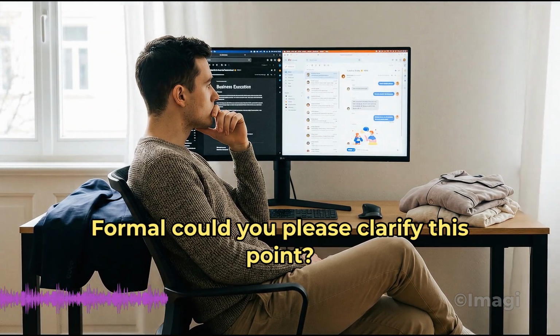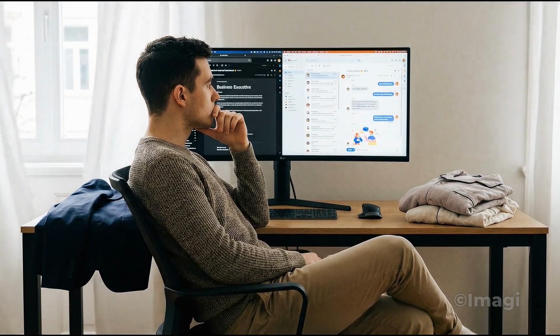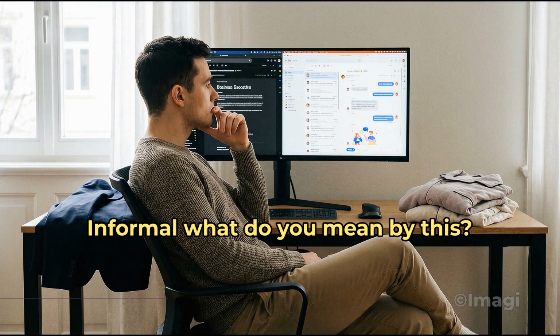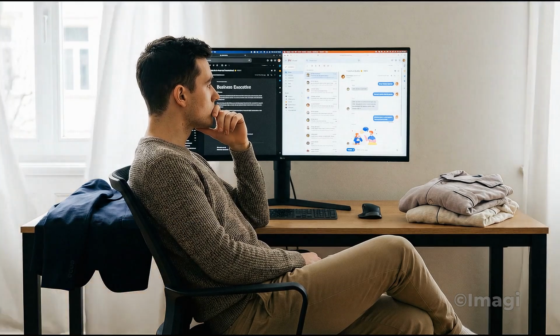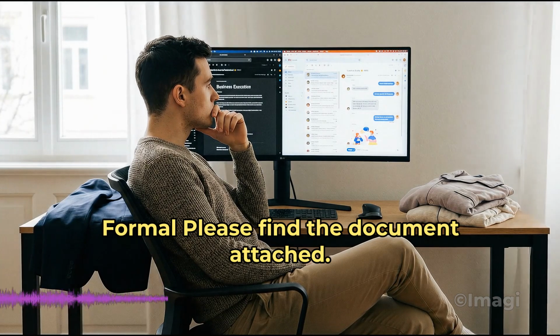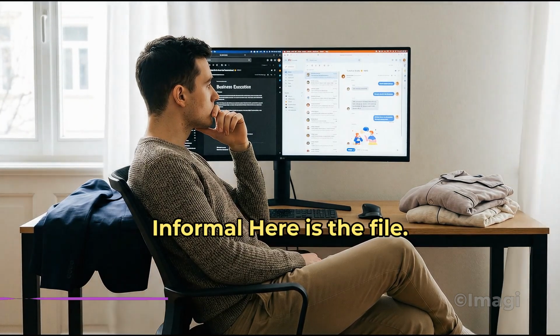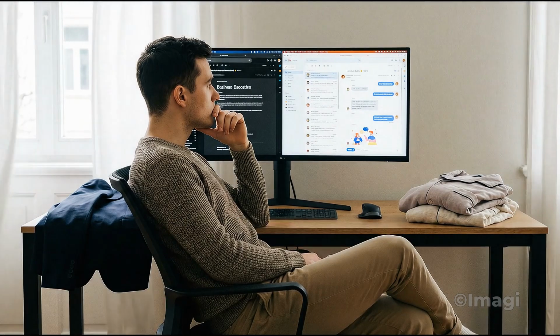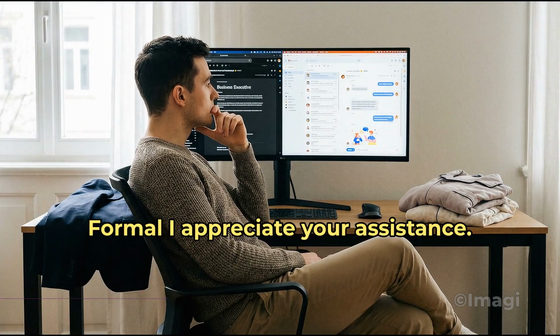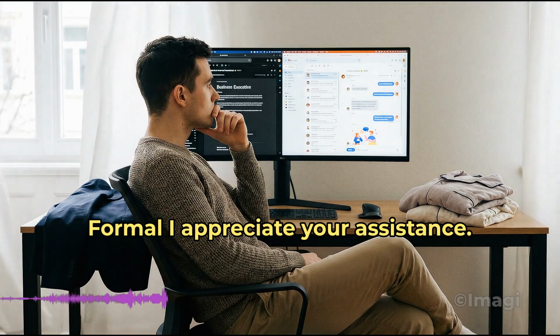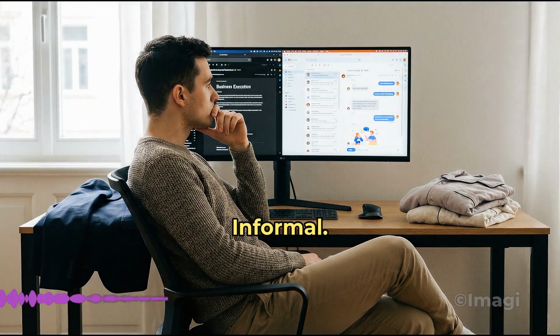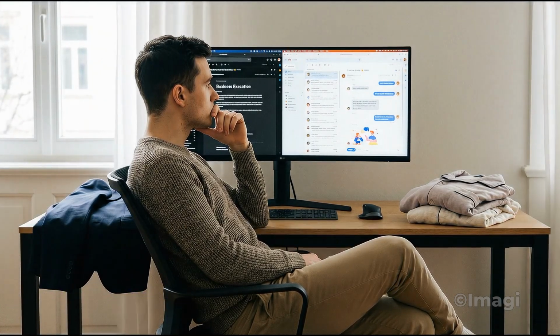Could you please clarify this point? Informal. What do you mean by this? Formal. Please find the document attached. Informal. Here is the file. Formal. I appreciate your assistance. Informal. Thanks for the help.